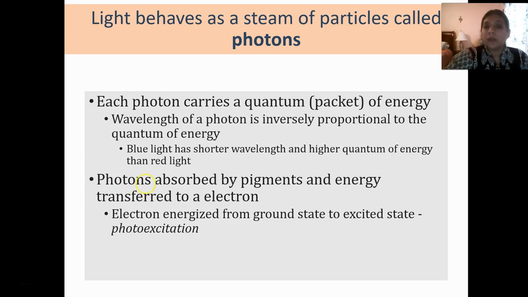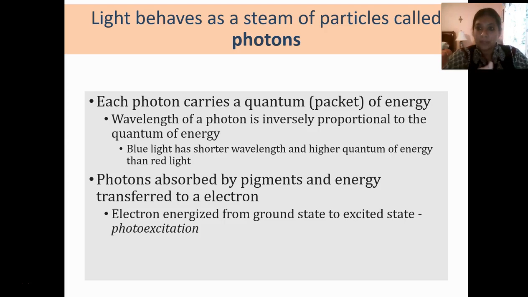These photons are absorbed by specific pigments inside those chloroplasts, and that energy is then transferred to electrons within there. So the pigments, and the color that the pigments have to begin with, dictate what type of wavelength they can utilize, whether the short wavelength, the long wavelength, or a combination of those wavelengths.